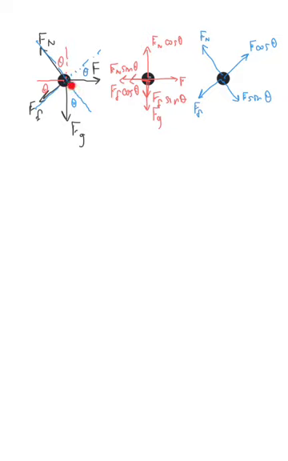This is the one closest to the angle theta, so that will get the cosine. So we'll have an arrow going this way, which is Fg cosine of theta, and an arrow going this way, which is the Fg sine of theta.